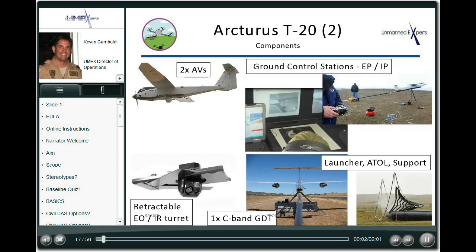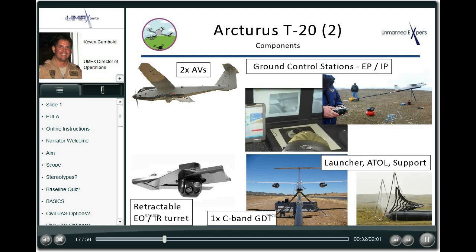Okay, so as you get your Arcturus T-20 kit back home, when you unpack it, this is what you should find. 2 aircraft vehicles, AVs, probably with the wings removed. You can build them up as required. Engines, spare parts, etc. You should have a payload. Now, the payload shown here, it's quite a high-end, both daylight and infrared turret that is retractable, therefore the aircraft can still land on its belly without damaging.